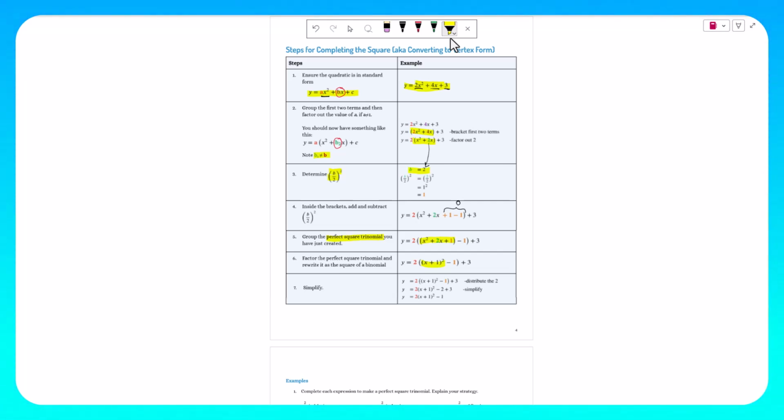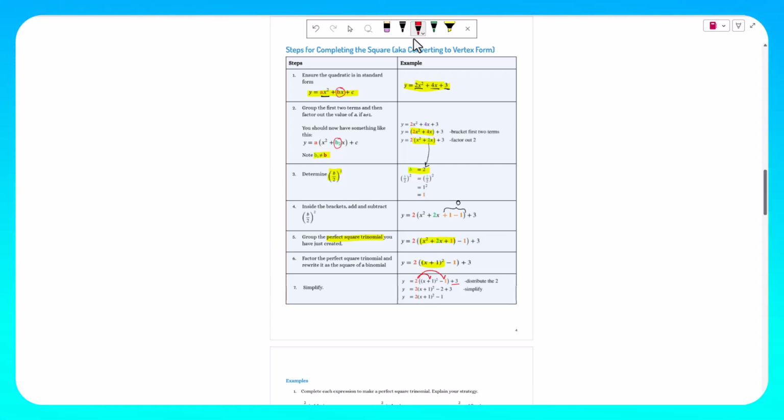And for the last step, I'm going to simplify. I'm going to distribute the 2 inside the brackets. Now notice the 2 is applied to this term and it's applied to this term, but not to the 3. It doesn't get applied here because it's a constant on the outside.